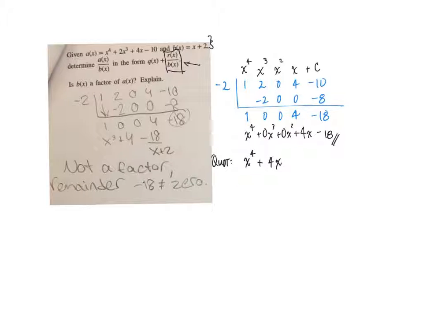So what we need to do is take our remainder, which you identified. Our remainder here is negative 18. That's our constant term. And then we need to divide it by the factor that we attempted to divide into it. So our total quotient is x to the fourth plus 4x, and then our remainder term is minus 18 divided by x plus 2.